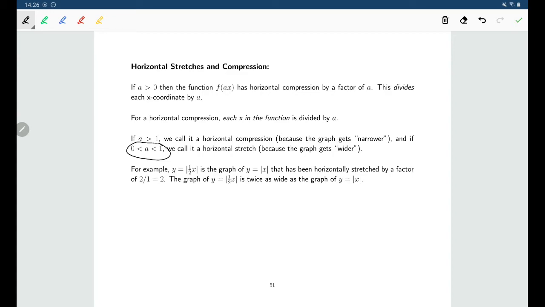This would stretch your graph out and make it wider. So for something like y equals absolute value of 1/2 x, you're going to be dividing every x-coordinate by a half. That's the same thing as multiplying every x-coordinate by 2. So your graph is going to get 2 times wider than the original graph would have been.